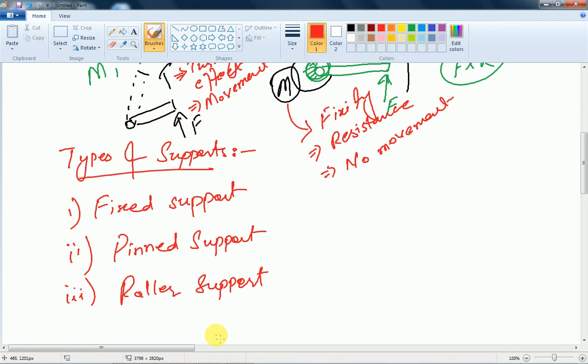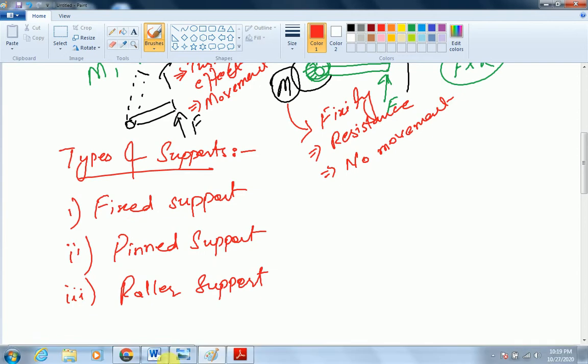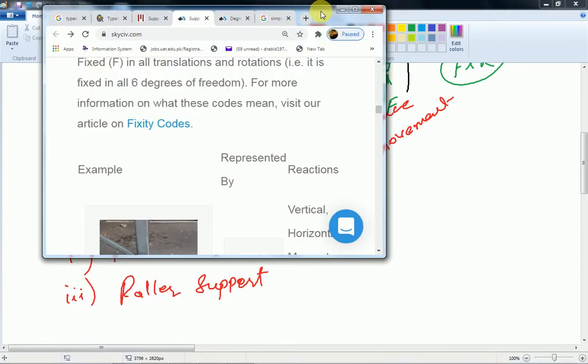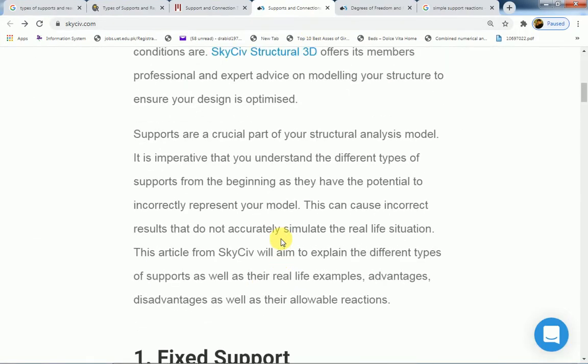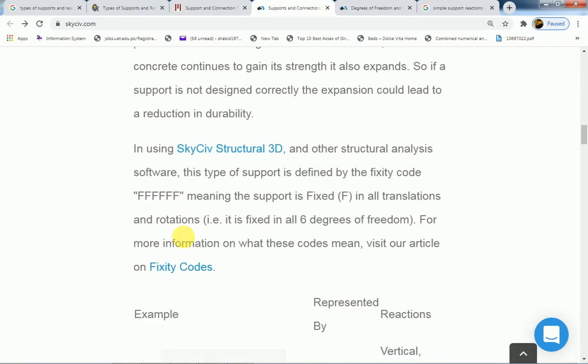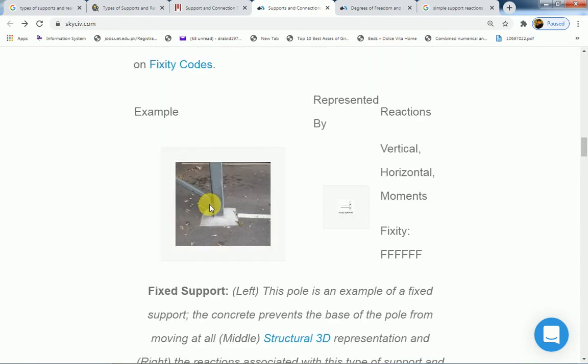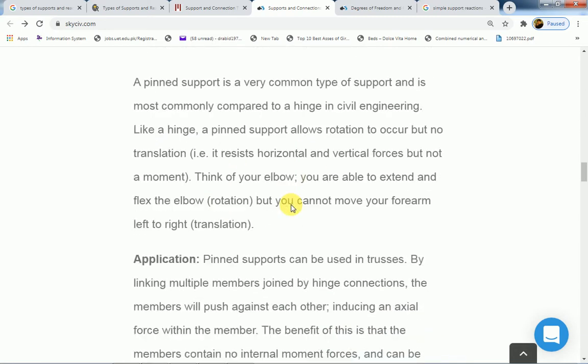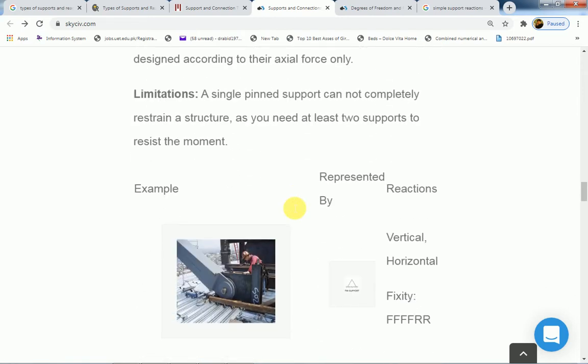So let me show you some examples of fixed support, how it looks like. This is fixed support, and you have seen there are many structures which are fixed in all directions. If you look at a pinned support, it is something pin like.